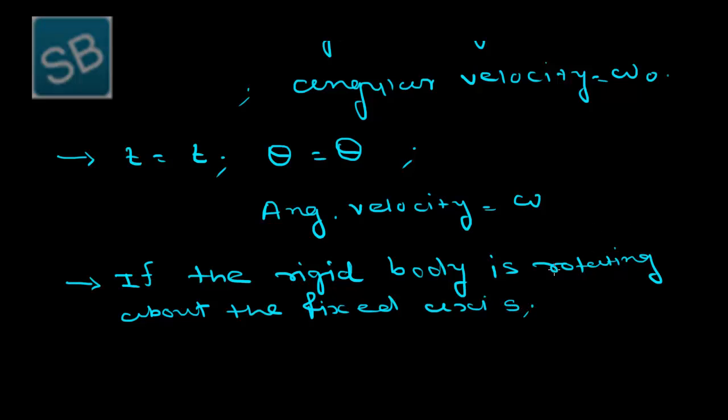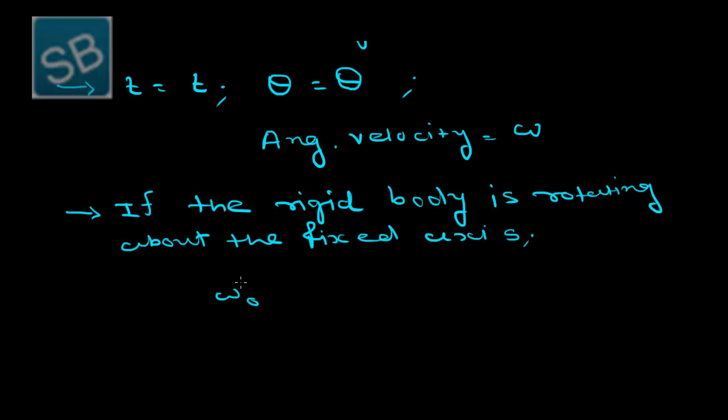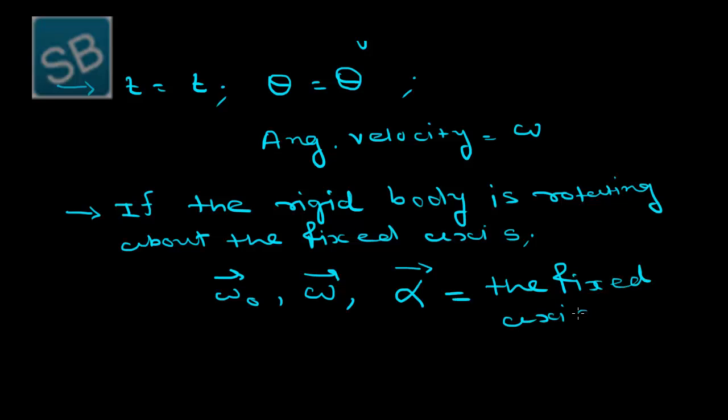Now, if the rigid body is rotating about a fixed axis, then the directions of omega 0, omega, and the constant angular acceleration alpha are along the fixed axis. Only the direction.